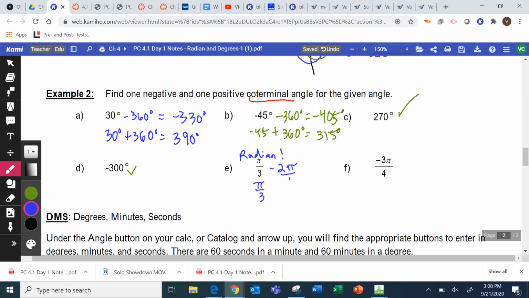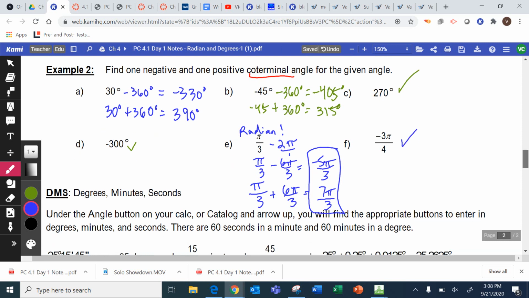Pi over 3 minus 6 pi over 3, and there's our positives. And then question F would be just like question E, so I'm not going to repeat that.